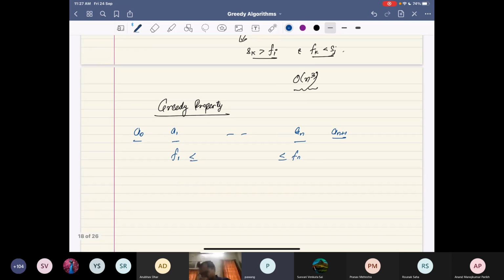Now, instead of doing this dynamic programming based formulation and choosing the max, can I identify a greedy property that is guaranteed to be in an optimal solution?